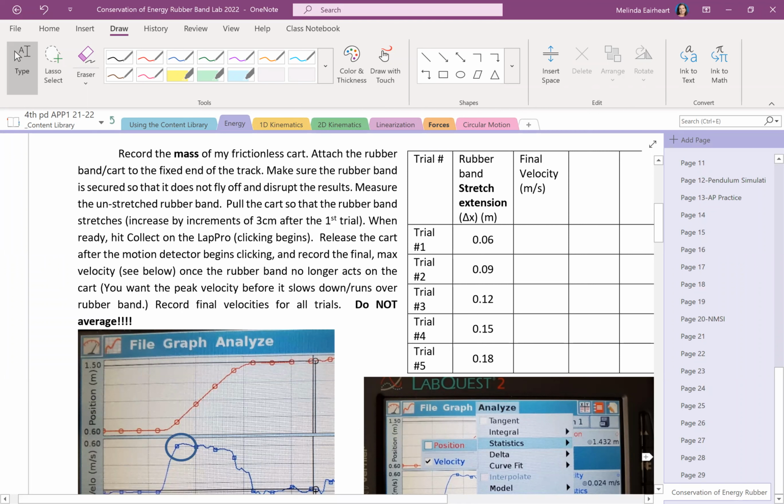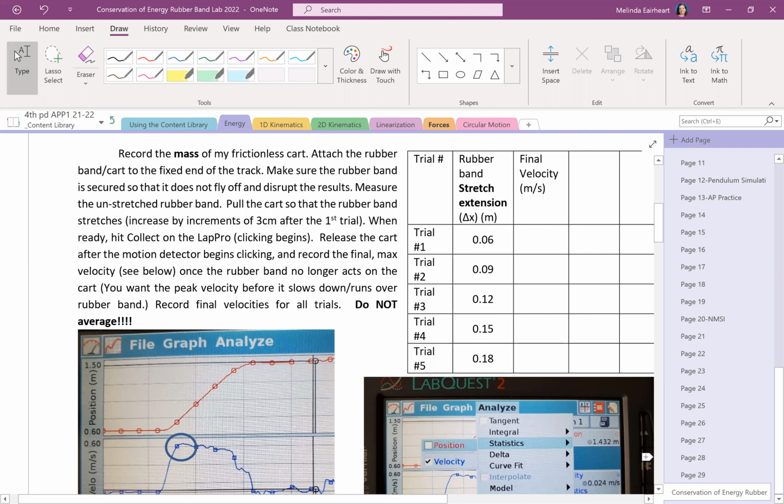And then before I let go, someone is going to come over here to our LabPros. Right, someone's going to come over to the LabPros and hit the green triangle. So this isn't on the screen right now, but the green triangle, if you listen carefully, starts clicking very quickly.